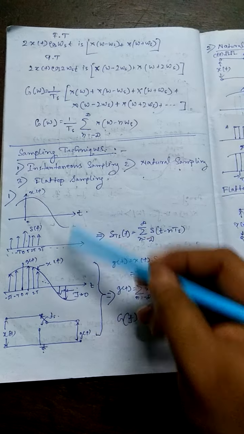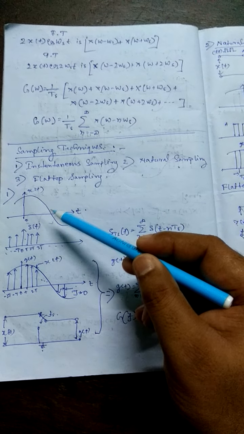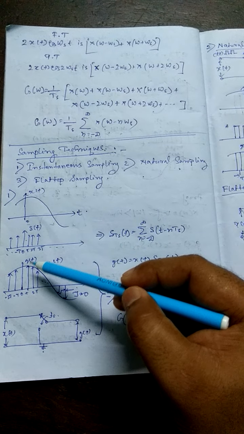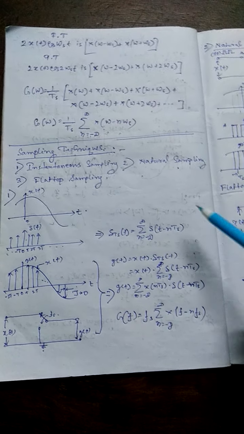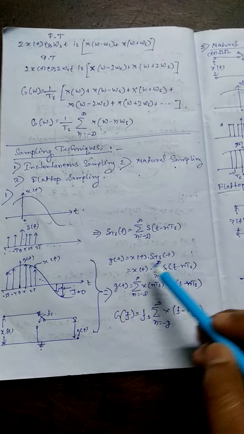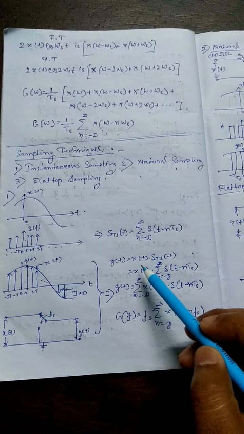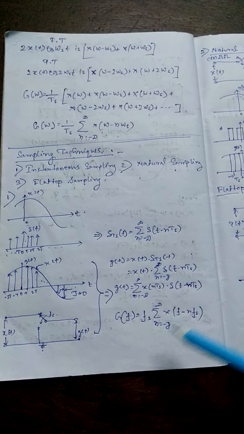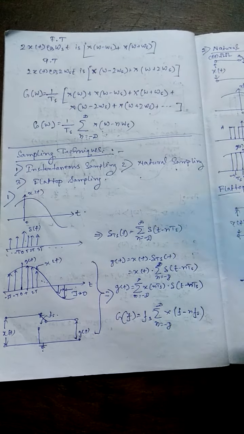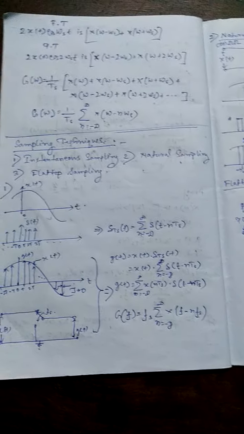This is the x(t) signal, the continuous time signal, and this is the overall g(t), the output signal. Now the mathematical expression looks like this: g(t) equals x(t) times delta(t), and finally this is the output of that instantaneous sampling.